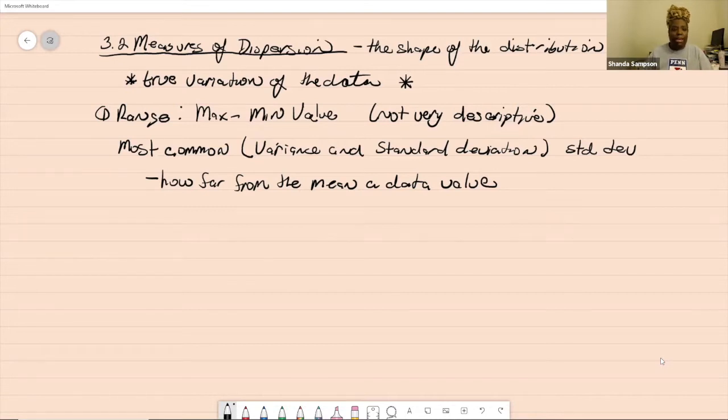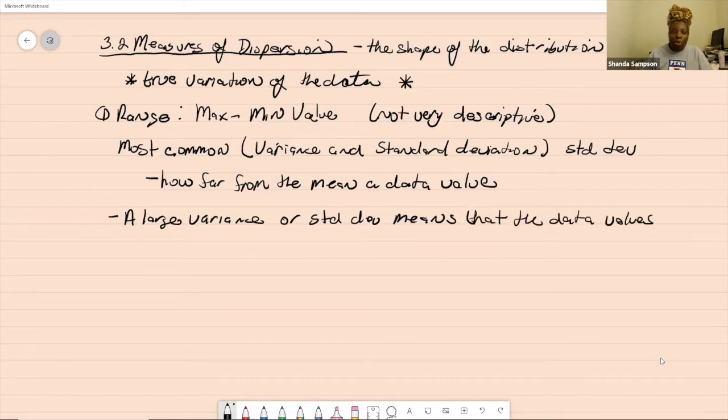So if you think about it like that, a large variance or standard deviation means that the data values are more spread out. That makes sense, right? Think about it.